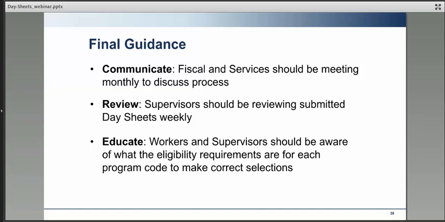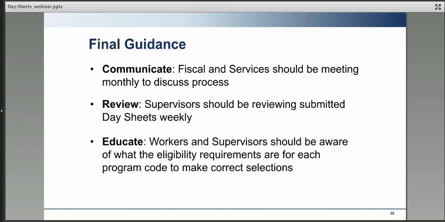However, a supervisor should be well educated enough about the process to certainly be able to identify outliers of codes that may not normally apply, that fit in the core that we've talked about, and then at a bare minimum be able to ask questions of the worker and go, all right, this is not normal. Doesn't mean that it's wrong, but let's make sure that we know, A, that the child's eligible for it, and B, why we're choosing to make this particular choice.